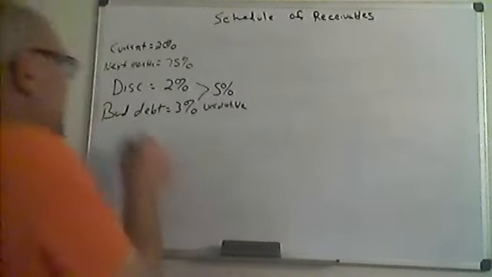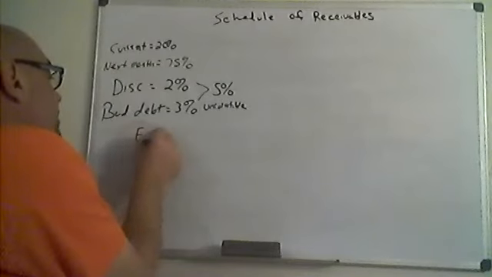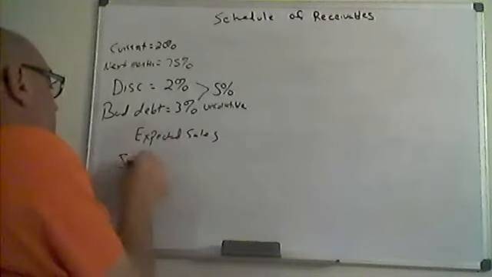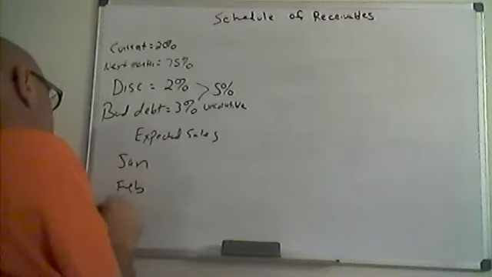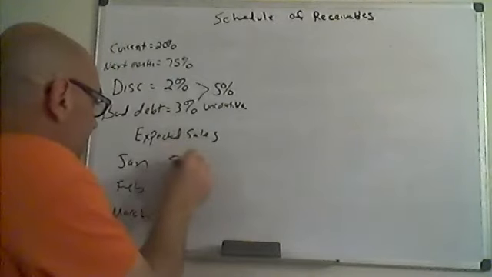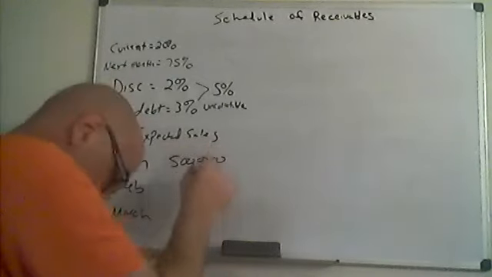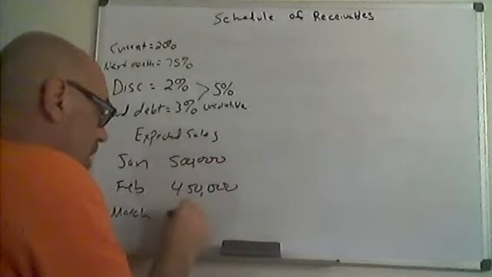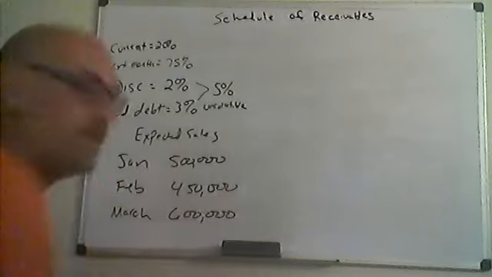We are also given some expected sales amounts for January, February, and March. They were 500,000, 450,000, and 600,000.